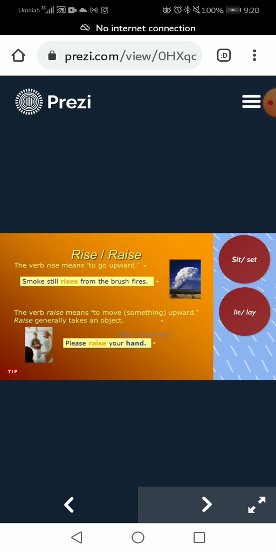The second one, the verb raise, means to move something upward. Raise generally takes an object. Please raise your hand. Now, raise is an action verb that is transitive. So, hand in this sentence is the direct object for the verb raise.